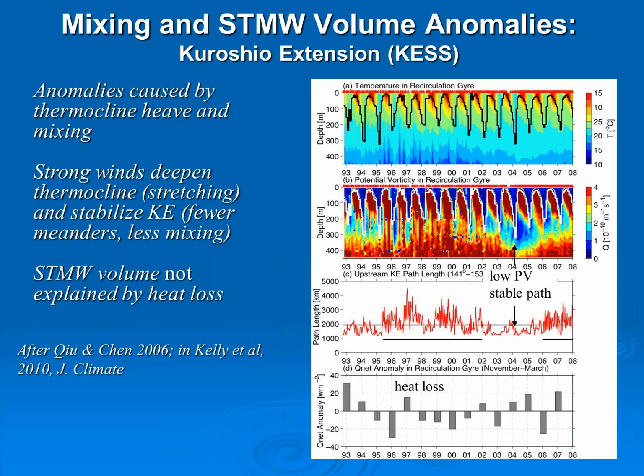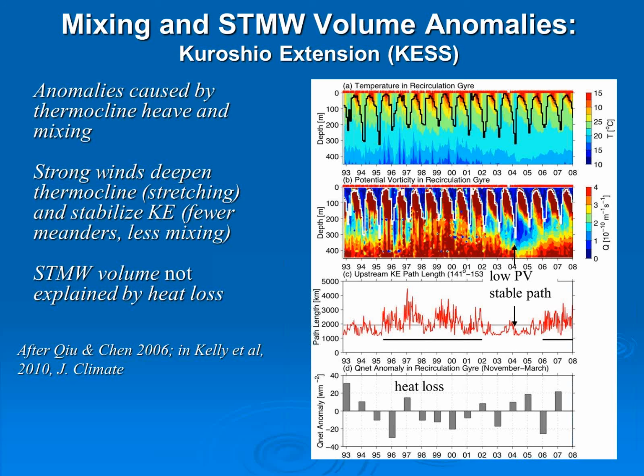So for proxies, based on a previous study from Zhu and Chen, they found that for the subtropical water in the North Atlantic, the volume is really related to the mixing. The mixing is indicated by the state of the spatial extension.